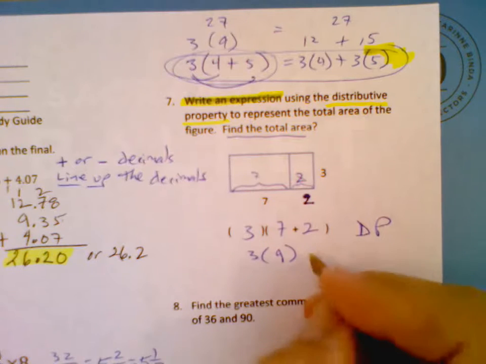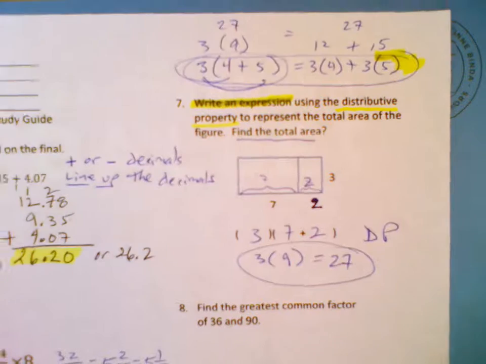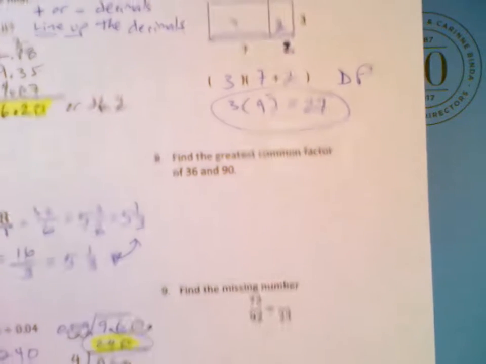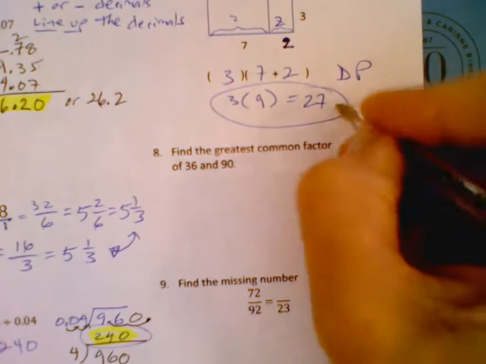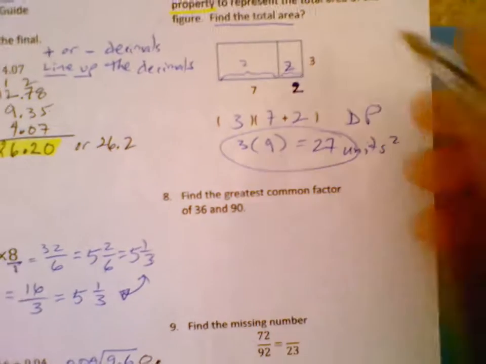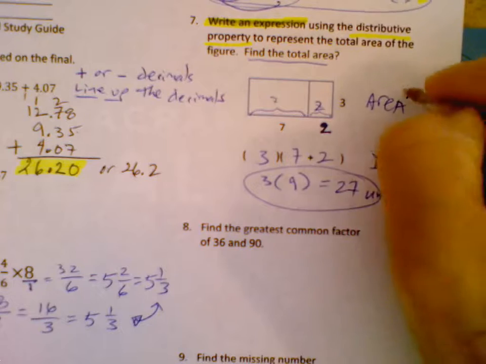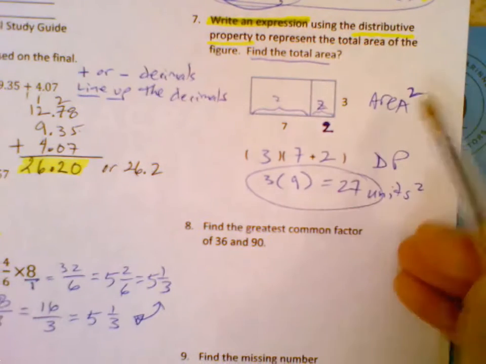So 3 times 9, 27. Next up, units squared. Let's remember that. Units squared, because recall that area is always a square measure, so it's going to have the exponent of 2.